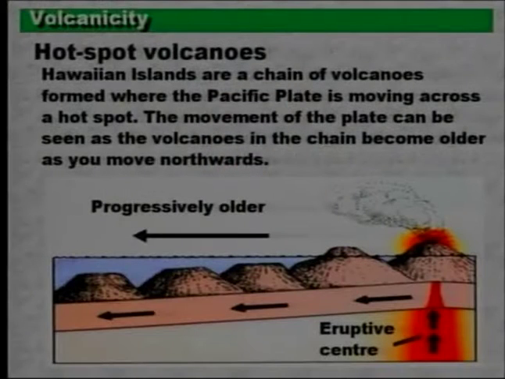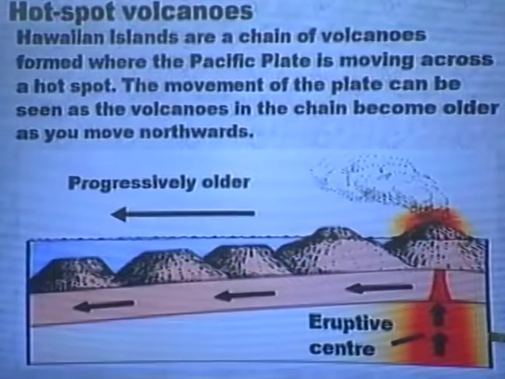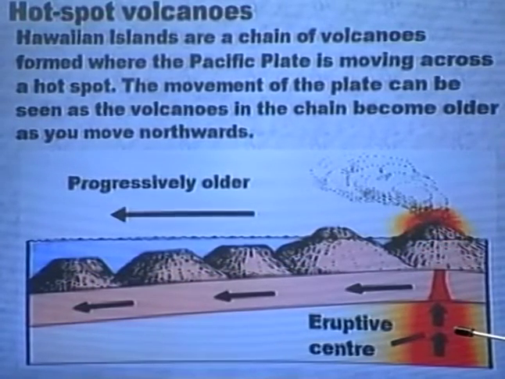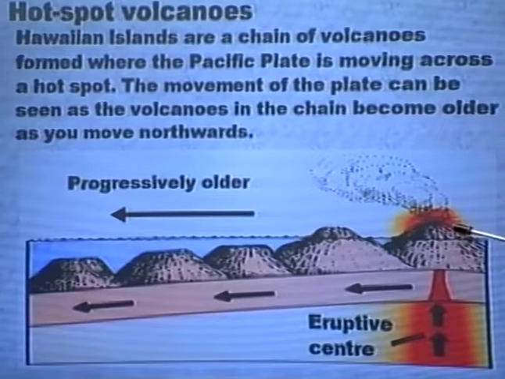It says there that the movement of the plate can be seen as the volcanoes in the island chains in Hawaii become older as you move northwards. If you check this diagram here, this is where the hotspot is. At this point in time, this volcano is active because it is right above the hotspot.